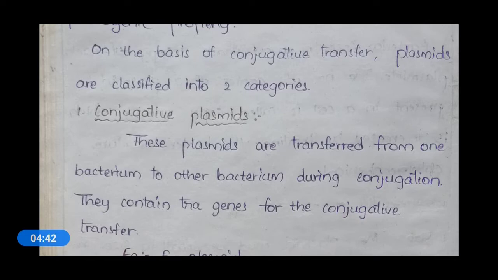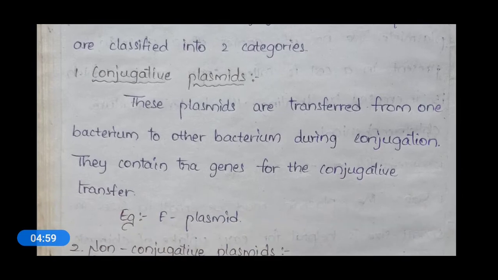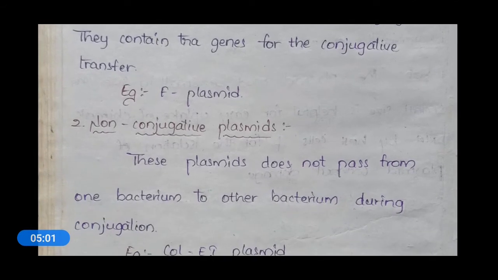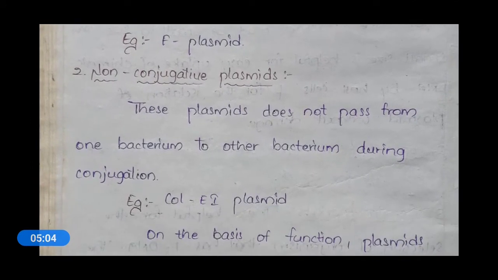Conjugative plasmids are plasmids that transfer from one bacterium to another bacterium during the conjugation process, and we call this conjugative transfer. Example, F plasmid. The next one is non-conjugative plasmids. These are the plasmids which are not transferred through conjugation. Example, Col E1 plasmid.